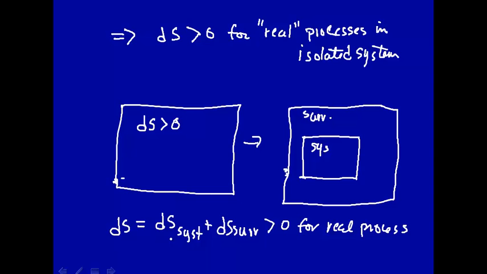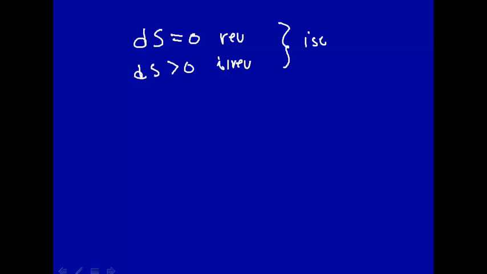And let's go back. So another statement of the second law of thermodynamics is that dS is equal to 0 for reversible, dS is greater than 0 for irreversible, and again, this is for isolated systems.